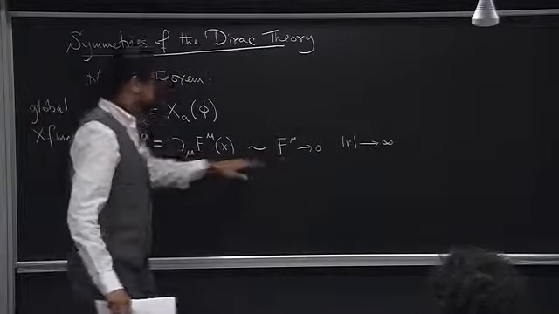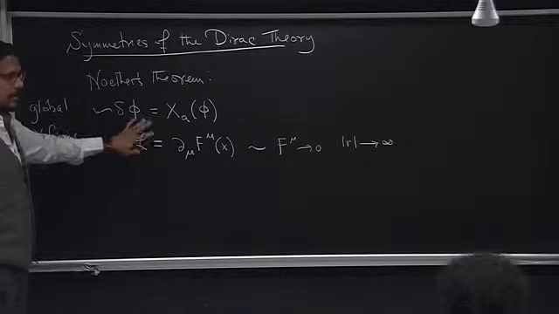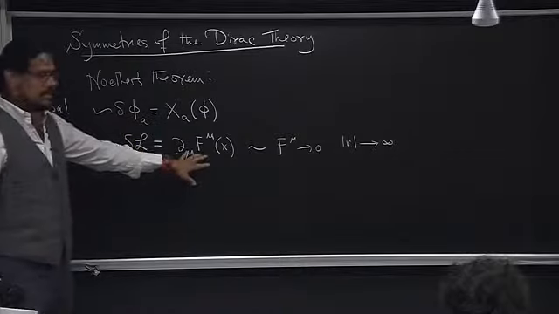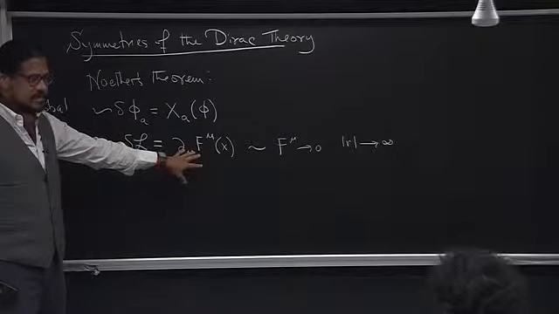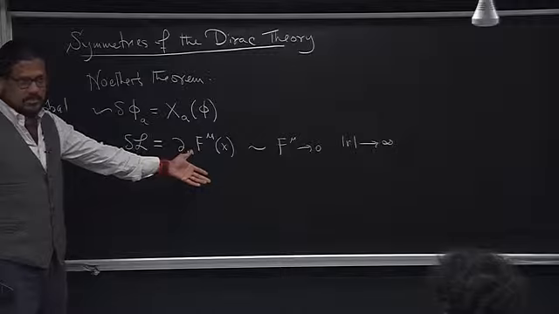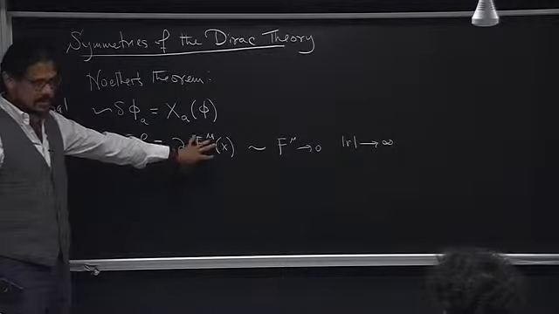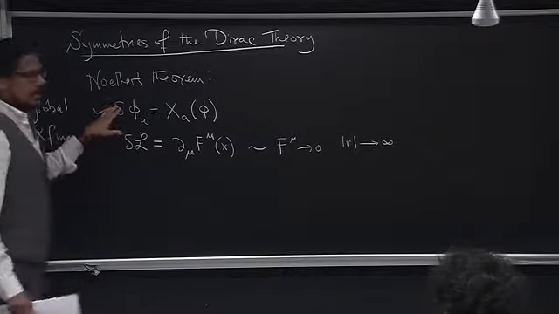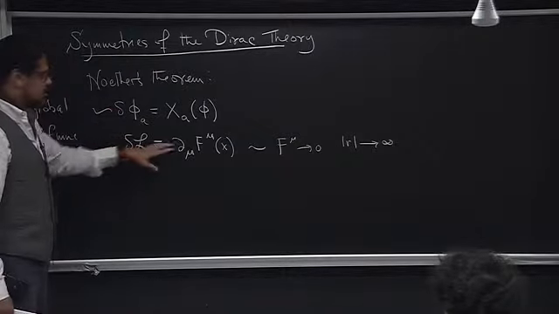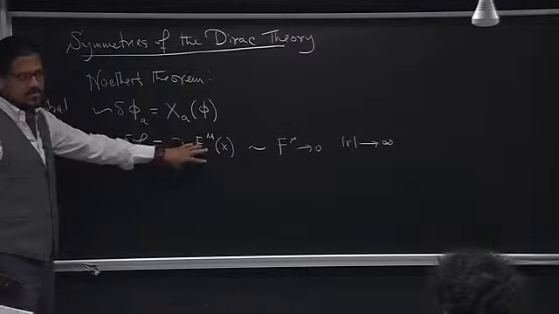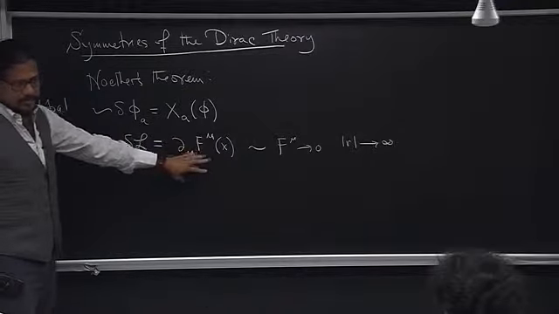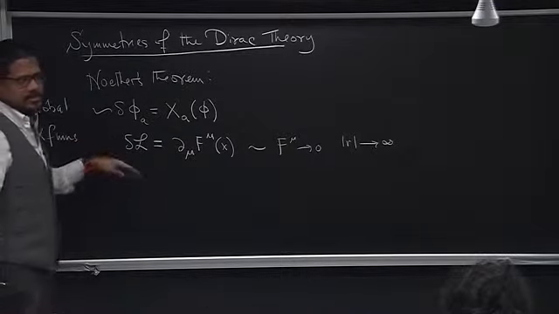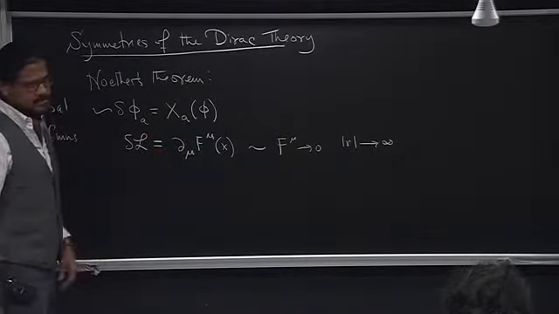If this is true, then the integral of delta L over all space-time can be transformed into a surface integral using the generalization of Gauss's theorem, and then that surface integral can be ignored. So it's only when the change of the Lagrangian is of this form that the action will still remain invariant. Of course, it may happen that under this transformation the Lagrangian doesn't change. In that case, the right-hand side is 0.